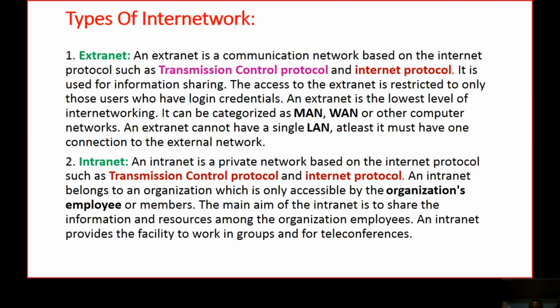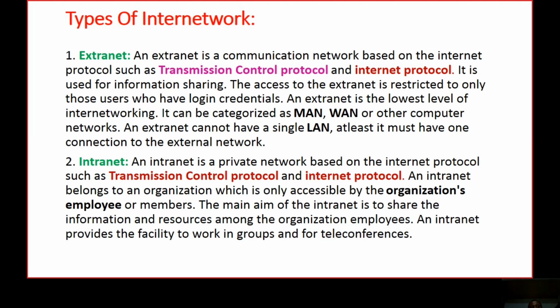Access to the extranet is restricted to only those users who have login credentials. An extranet is the lowest level of internetworking. It can be categorized as a MAN, WAN, or other computer networks. An extranet cannot have a single LAN; it must have at least one connection to an external network.